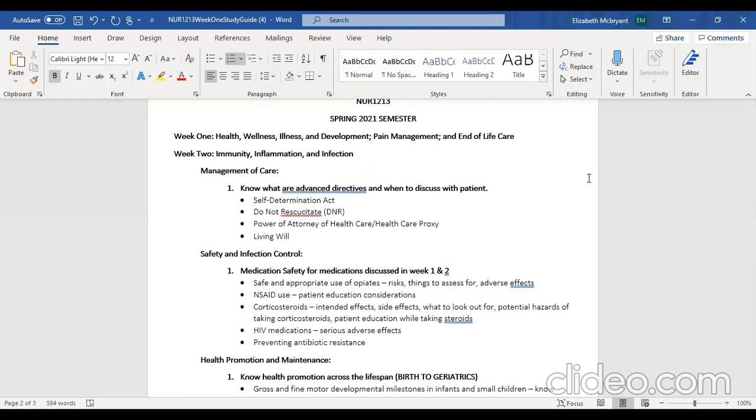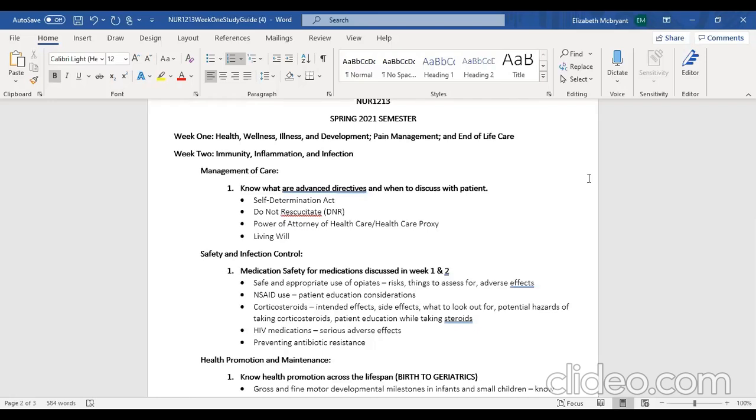So for management of care, I need you to know what advanced directives are, what each of them is, what a DNR is, what a power of attorney is, a healthcare proxy, which is pretty much the same thing, power of attorney of healthcare. What are they? What do they mean? When is a DNR valid and when is a DNR not valid? When is a healthcare proxy appropriate and when is it not appropriate?